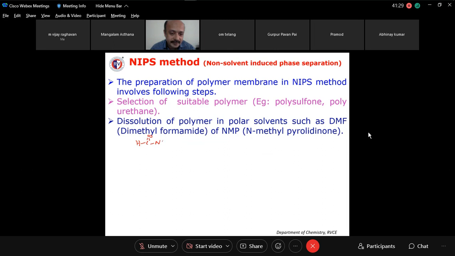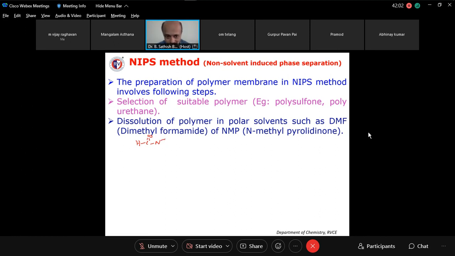So this is formamide, HCONH2. If you want the dimethyl formamide, the two hydrogen atoms of formamide are replaced by methyl groups.